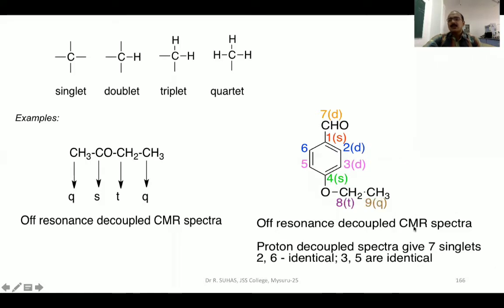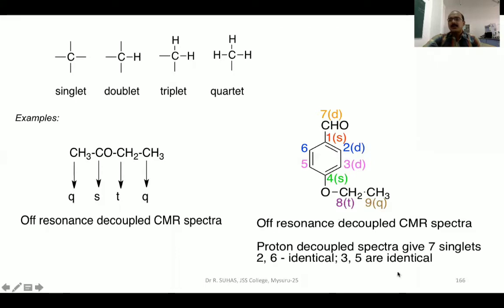This is the off-resonance decoupled CMR spectra. For the same compound, if you record proton decoupling or noise decoupling, what are we going to get? We are going to get only singlets. So how many carbons are there? There are 9 carbons in this compound. So you won't be expecting 9 single peaks or 9 singlets.